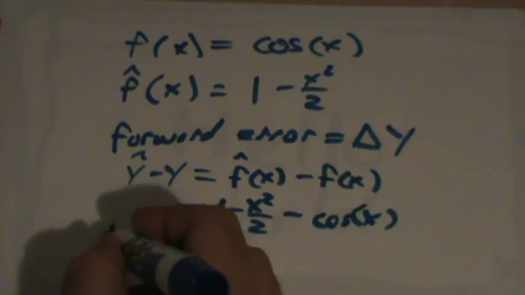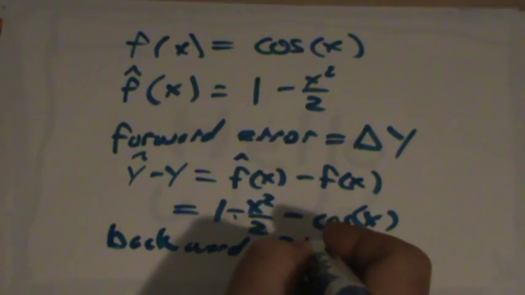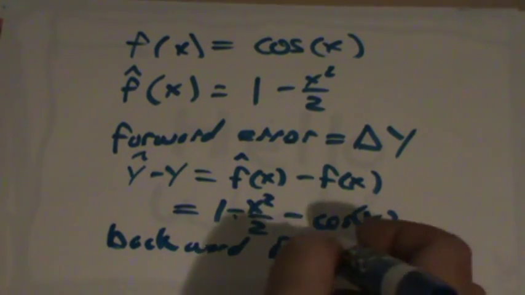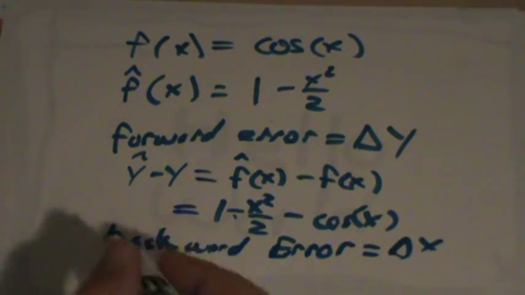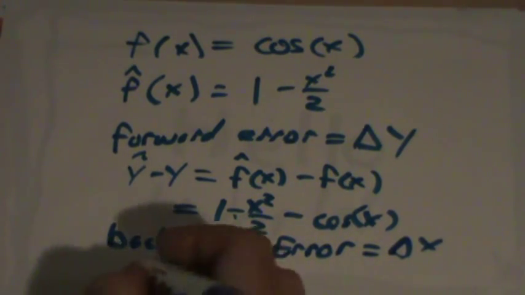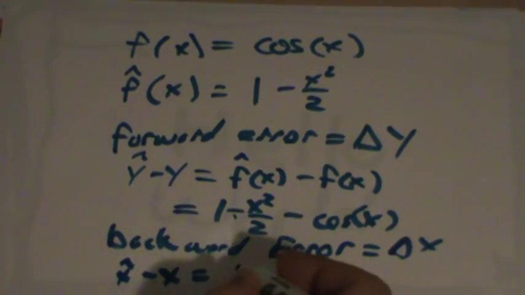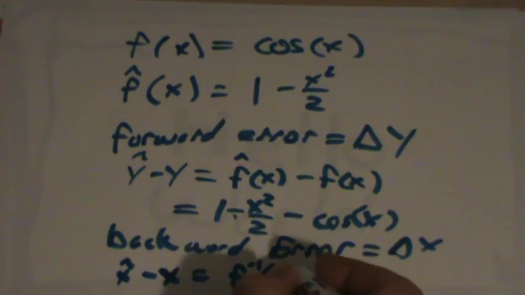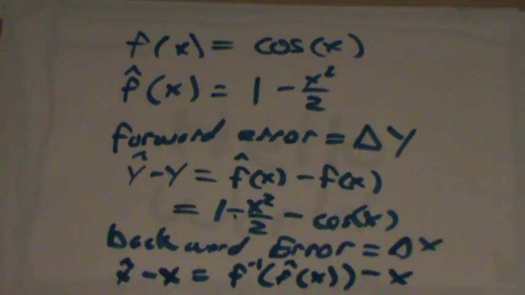The expression for my backward error, that is our delta x values. And remember, our idea of being able to get a delta x was x hat minus x, and our delta x was just the f inverse of f hat of our x, and then we subtract x from it.